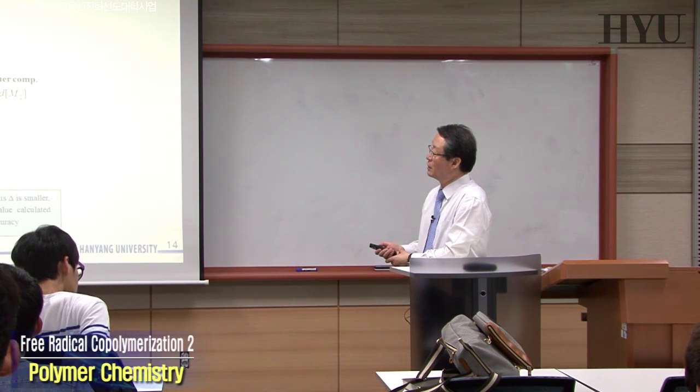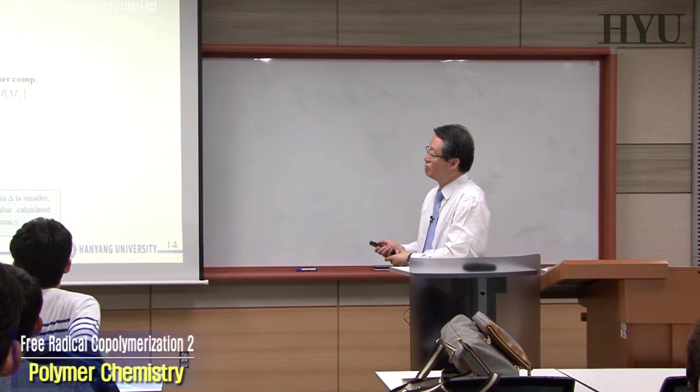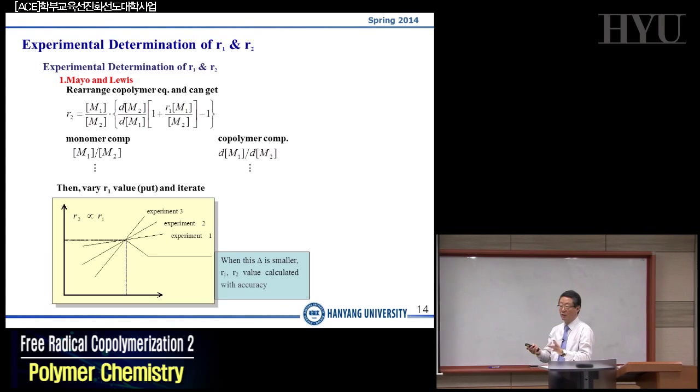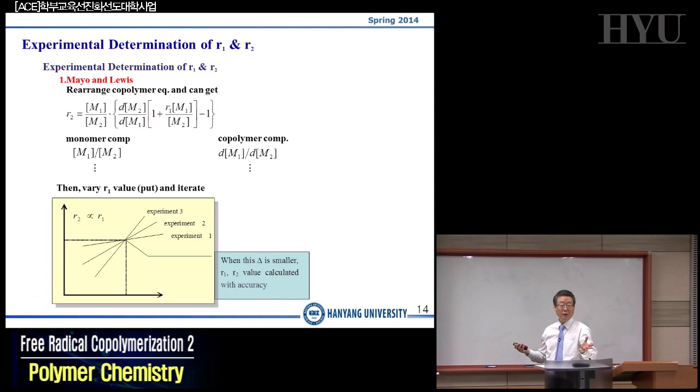Okay? You remember that the copolymer equation can be expressed as dM1 over dM2 is equal to M1 over M2, and M1, M2, and r1 and r2 could be applied in the equations. But if you could rearrange your copolymer equation in terms of r1 and r2, whereas r2 here in this case could be such as a y, and r1 could be the x.